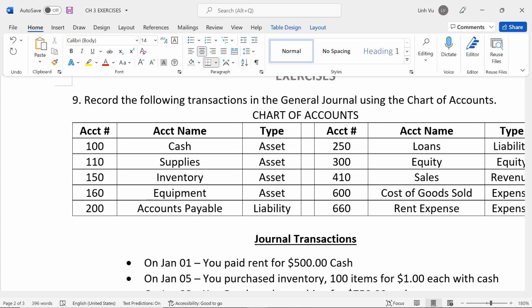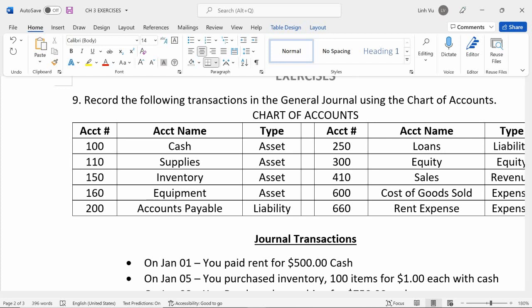It's an asset. Look at your accounting model. Debits increase assets. And we're going to decrease our inventory because we sold our items. We got rid of them. Credit. We're going to credit our inventory.